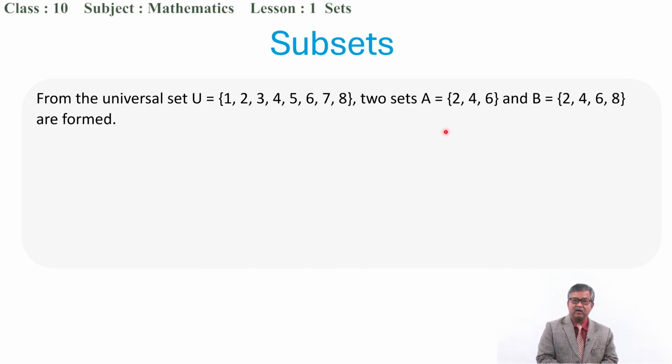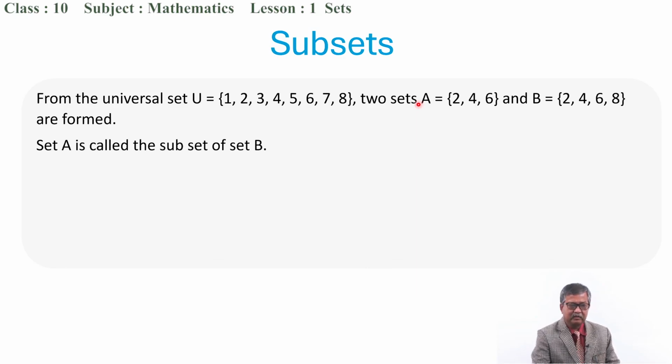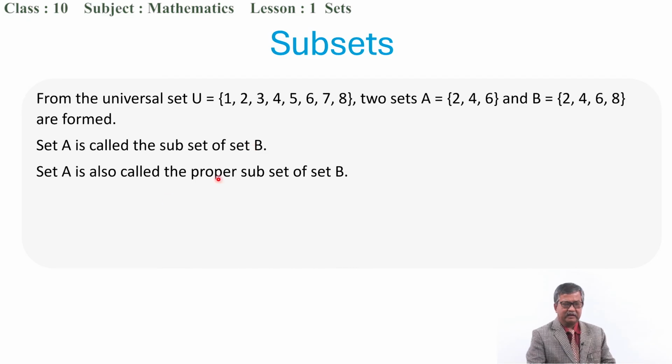Yes, all the elements of set A also are contained in set B. That's why we can say that set A is a subset of set B. Here all elements of set A are contained in B, so set A is called a proper subset of set B.